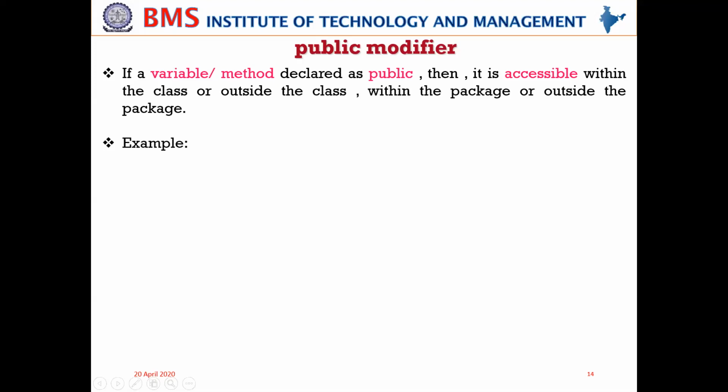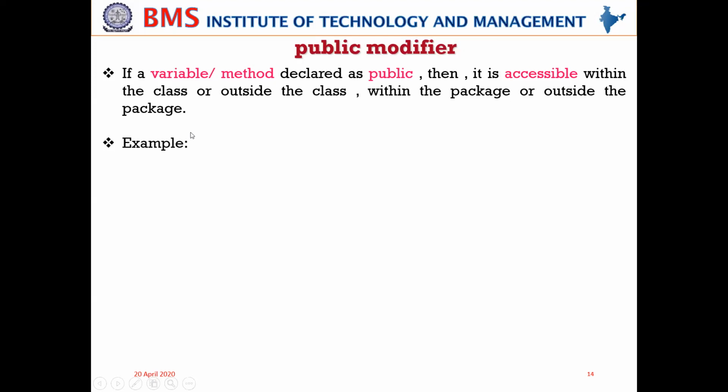Similarly within the package, and already we have discussed what exactly a package is. A package contains a set of classes and interfaces which are related to one another. So that is the meaning of a package, correct? Grouping related classes and interfaces into a single package. So if a variable or method is declared as public, it can be accessed within the package and also outside the package.